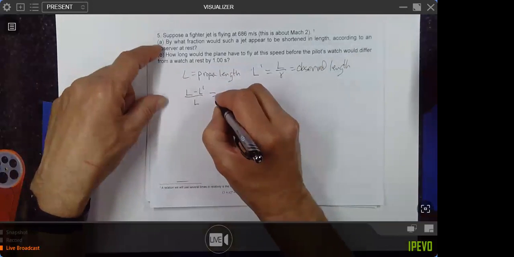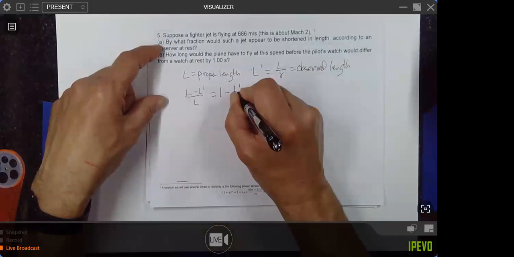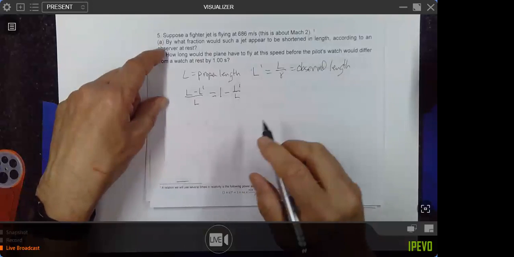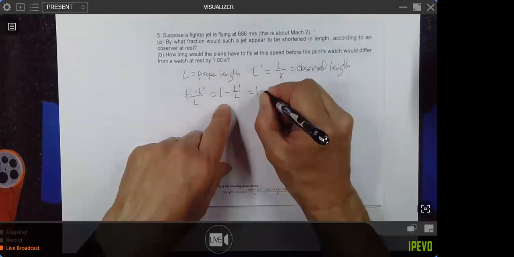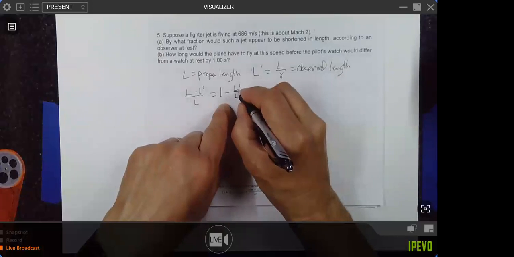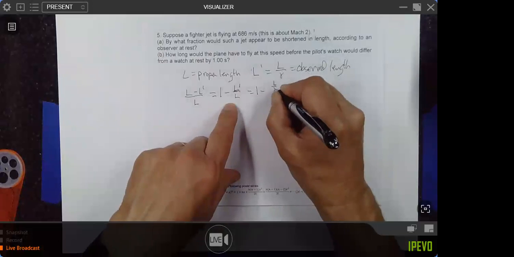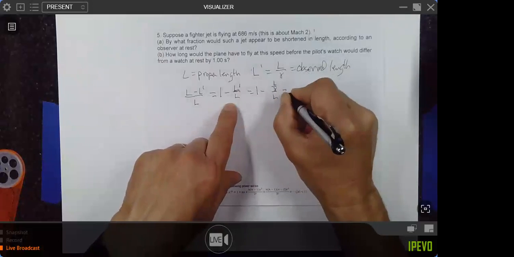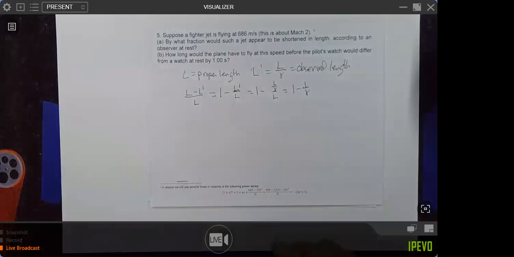And this ends up being 1 minus L prime over L. But L prime is L over gamma, so this is 1 minus L over gamma divided by L. This ends up being 1 minus 1 over gamma is what it happens to be.